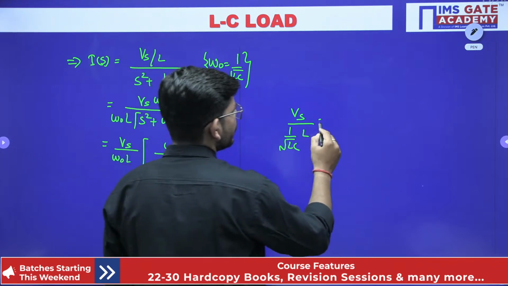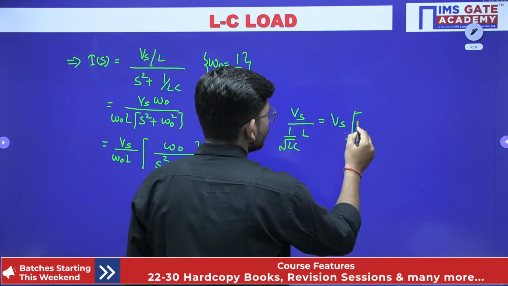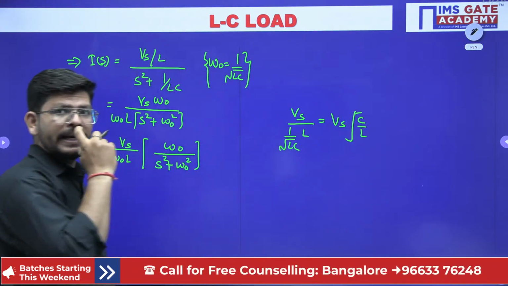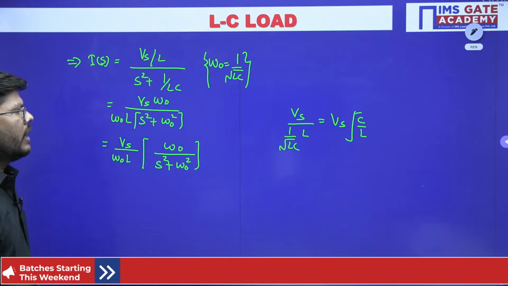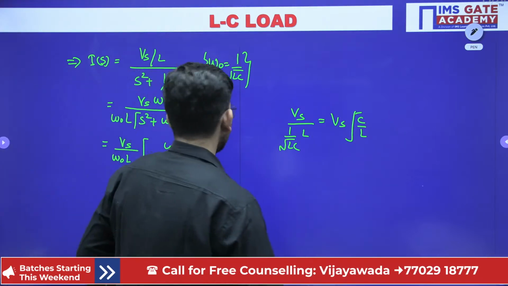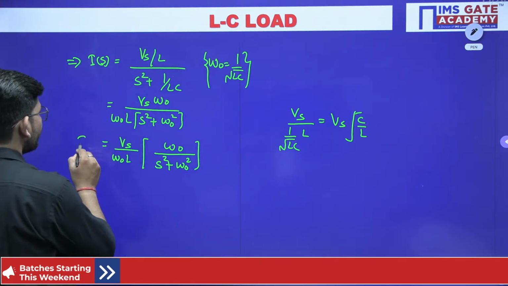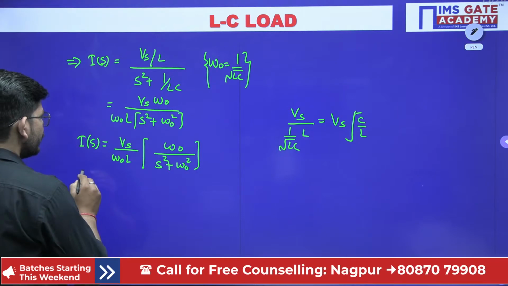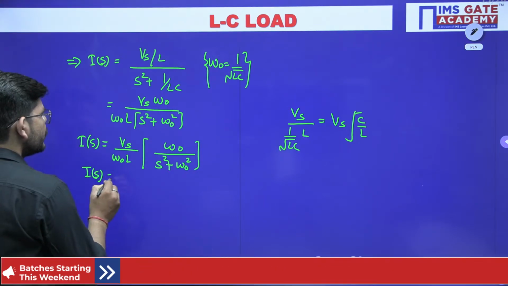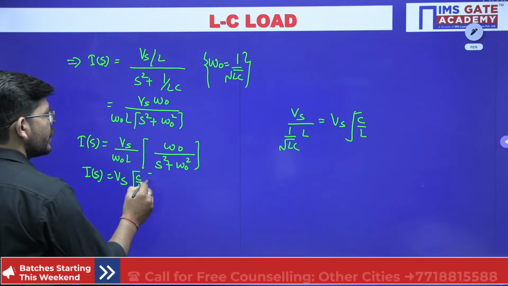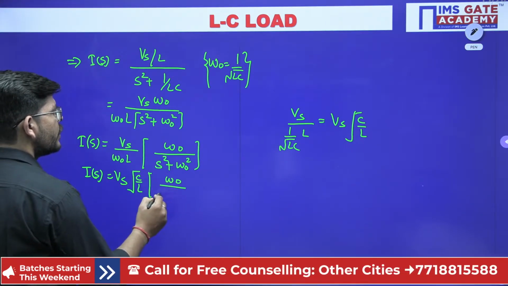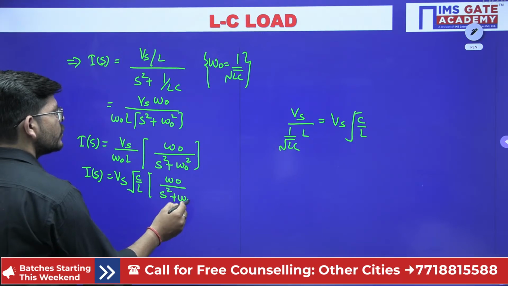So we can write it as Vs under root C by L. Is this correct? So we can write this expression to be Vs under root C by L. Yes or no? So I am replacing this expression with this quantity, which is Vs under root C by L times omega naught upon S square plus omega naught square.